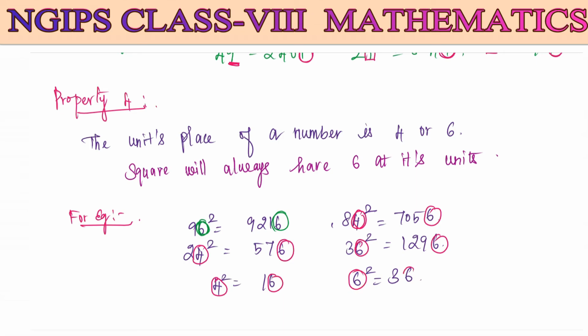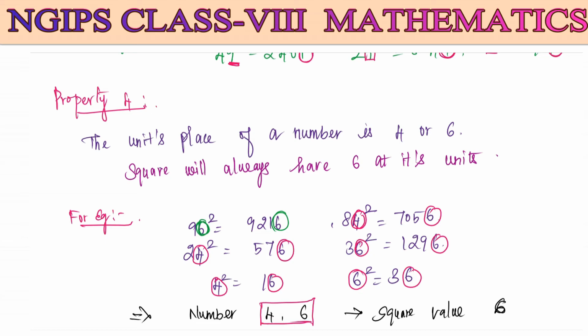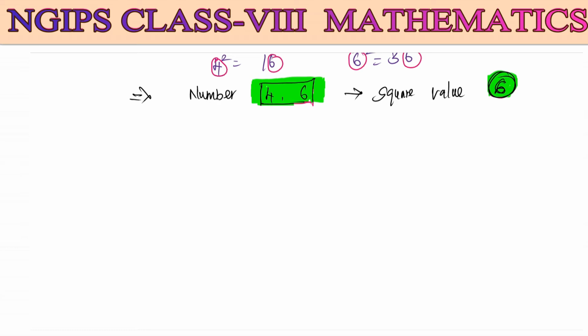Easily you can know that when the unit place of a number is 4 or 6, the square value is always going to end in 6. You have to remember only this. When the unit digit is 4 or 6, you are always going to get 6. So we are going to move to the next property.